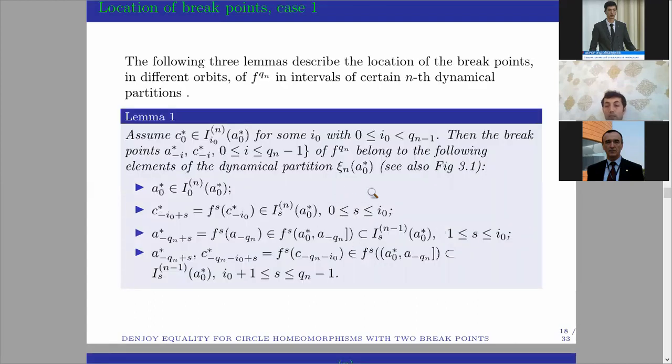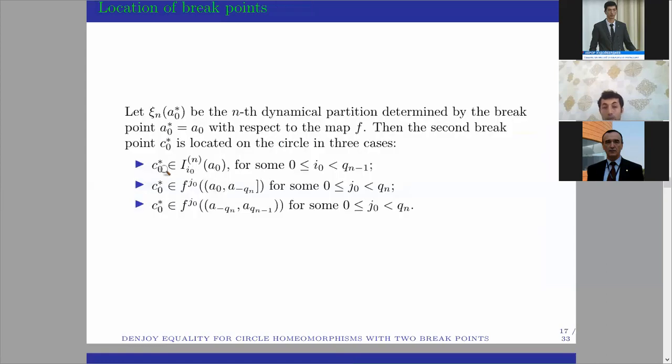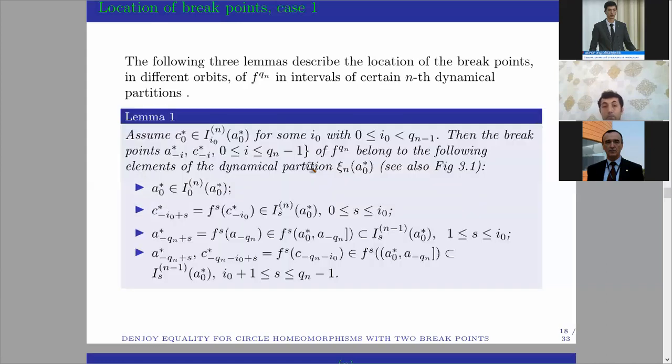And now let's see the location of the breakpoints of f to the qn in each case. This is case 1. So assume c0 belongs to this interval, then the breakpoints of f^qn all belong to the following intervals.